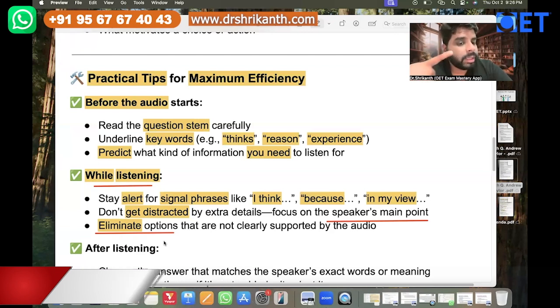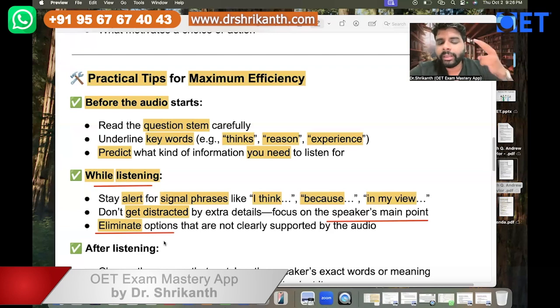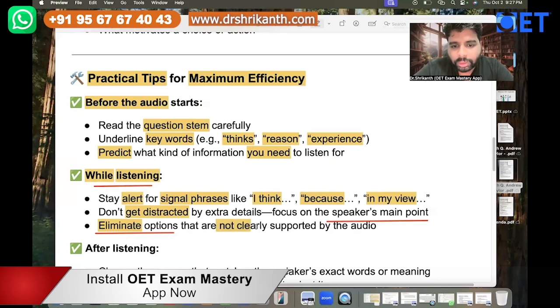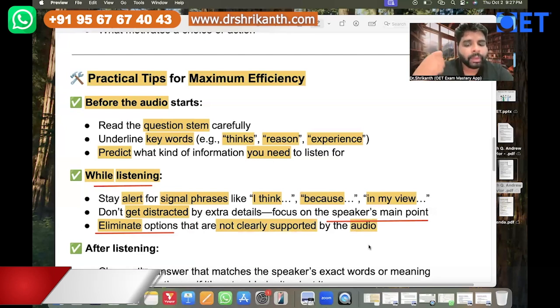But finding one correct answer means eliminating two incorrect answer options. So you have to refine the skill to eliminate the incorrect answer options one by one. That is, you have to eliminate the content that is not clearly supported by the audio. You really have to understand what the question is asking you, and you should be able to eliminate.